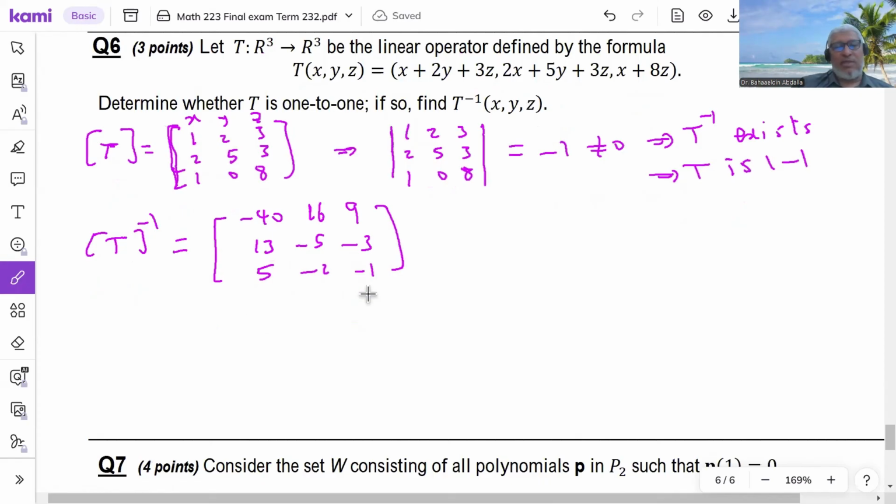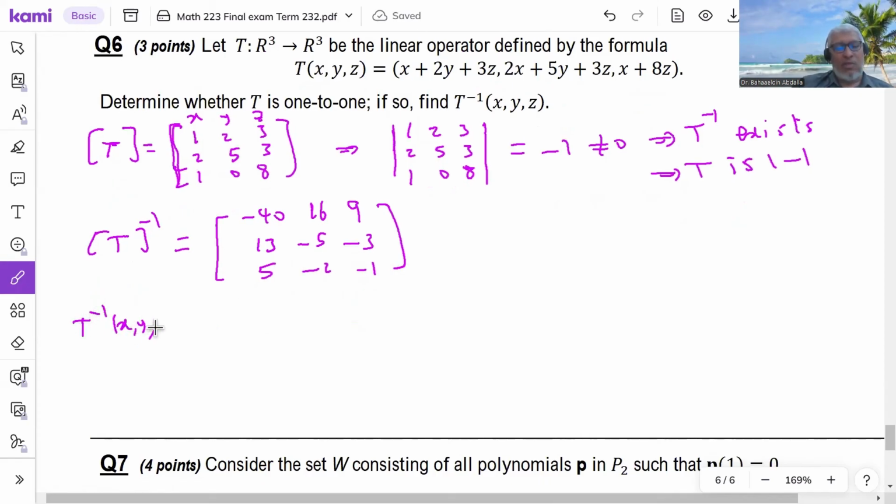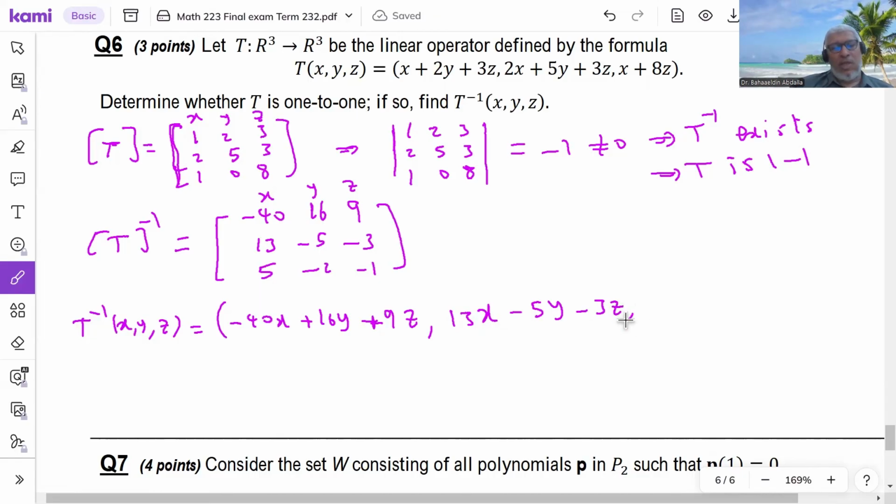So I can write T inverse of X, Y, Z as: this is X, this is Y, this is Z. So it would be -40X plus 16Y plus 9Z. This is the first equation, the first component, second component, and the third component. And you can check that your answer is correct, you didn't make a mistake, by finding T of a vector 1, 1, 1, for example, and then T inverse of the answer, and it should be 1, 1, 1.